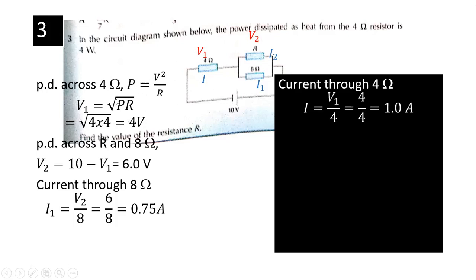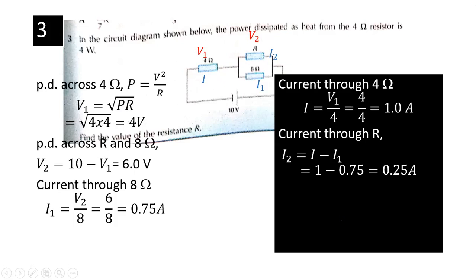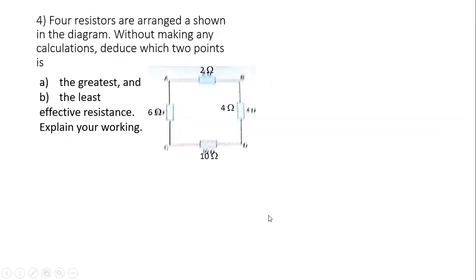Doesn't matter. You can use this one. V1 divided by that 4 ohm. You get 1 ampere. So 1 ampere through here and then 0.75 through here. So we can calculate I2. Okay, after you calculate I2, you know your V2. V2 is here. And calculate your R, V2 over I2.